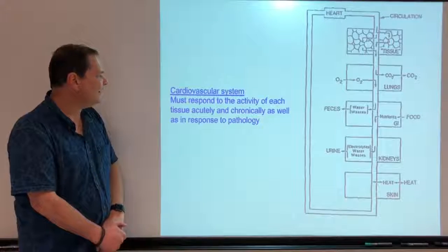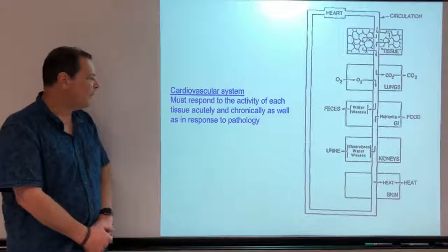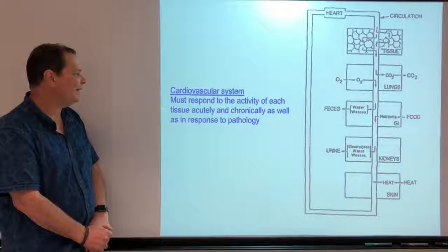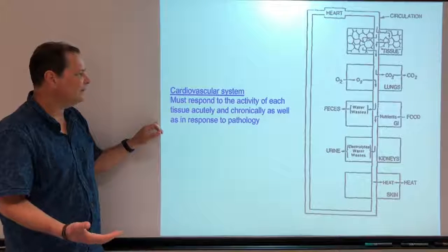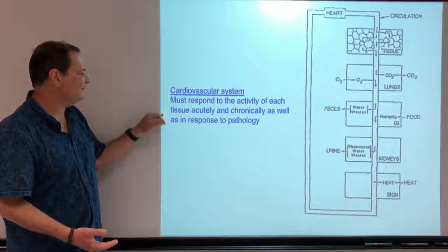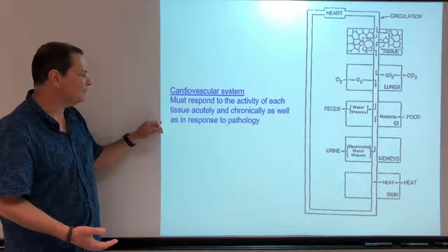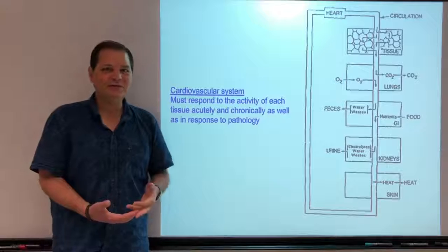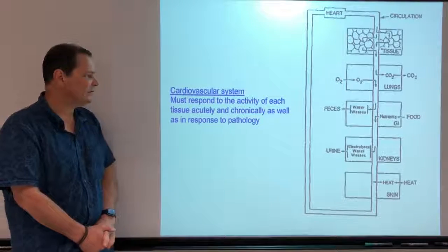The cardiovascular system presents a broad general problem in that it has to respond to activity. It's one system. You're pumping blood out of one heart, but it has to respond to the activity of each tissue and supply what that tissue needs, depending upon what its activity is.